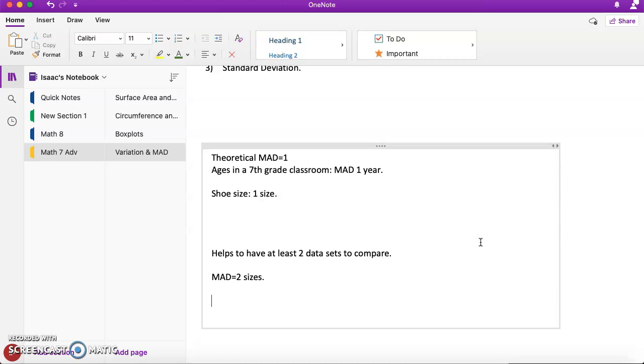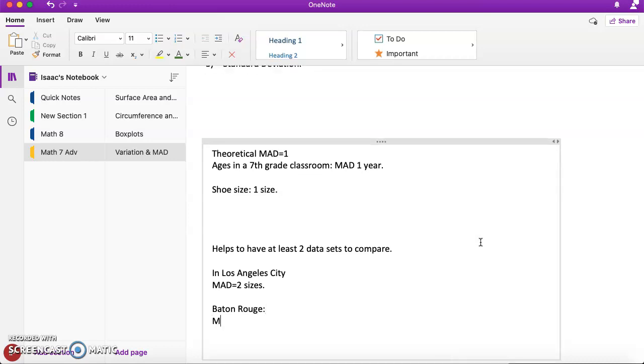So let's say I look it up, and my store is in Los Angeles city, not county. And I look up Baton Rouge shoe sizes, and I find out that in Baton Rouge there's a mean absolute deviation of 3. Well, that's not too big a difference.